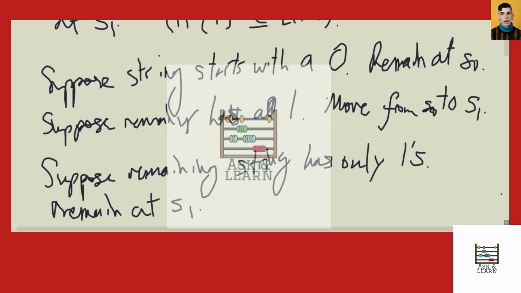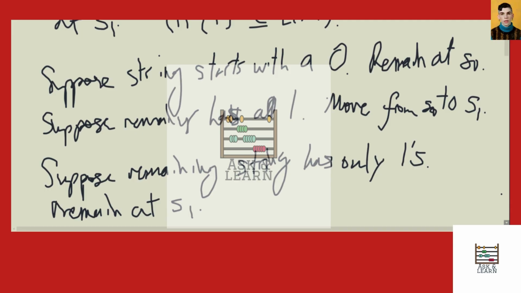So this is, in summary, all strings starting with a 0 and then followed by any sequence of zeros, followed by a 1, followed by any sequence of 1s, are in the recognized language.